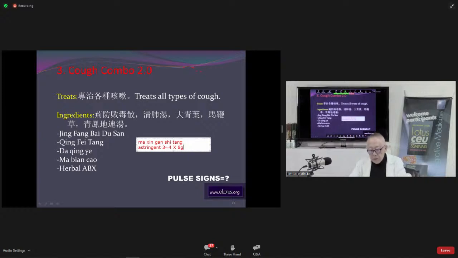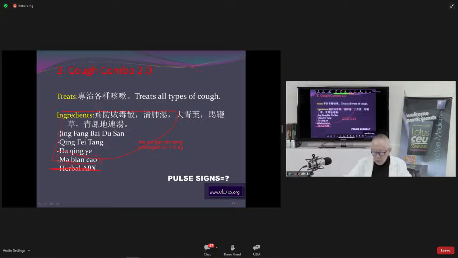For a little kid, half of it. If you already use this whole combination, you might not need the herbal. That's good enough.